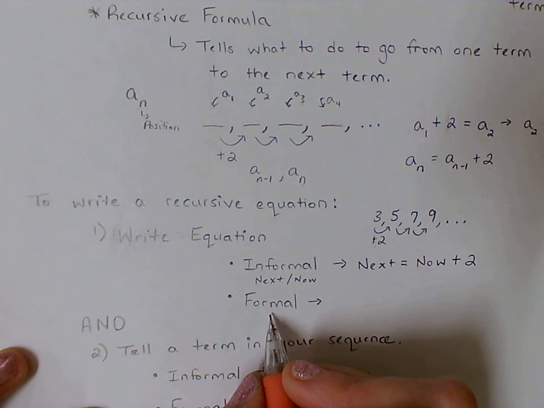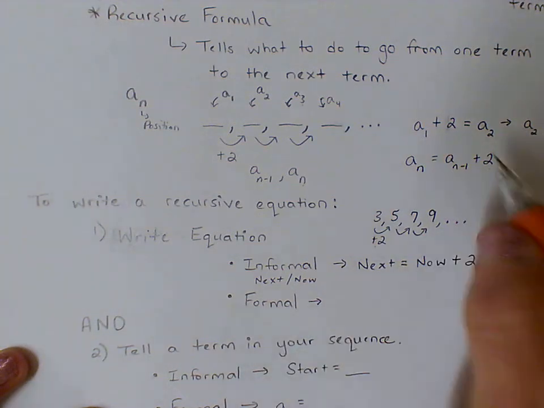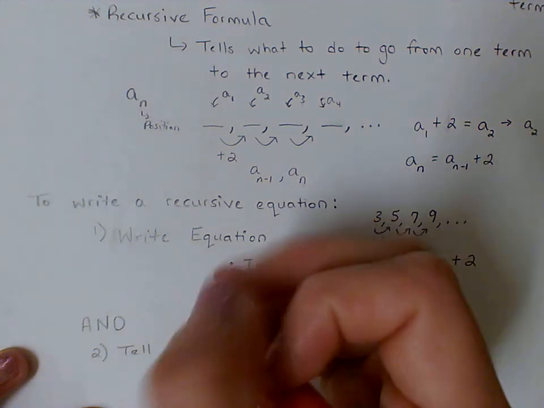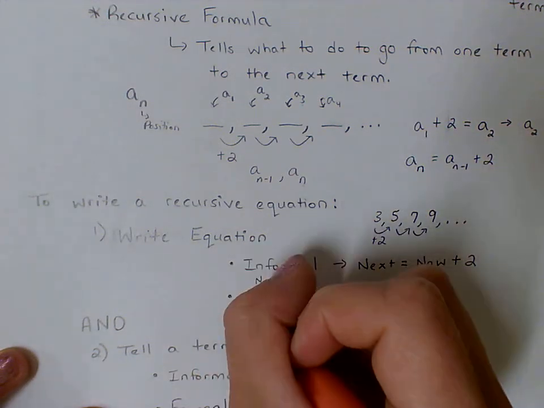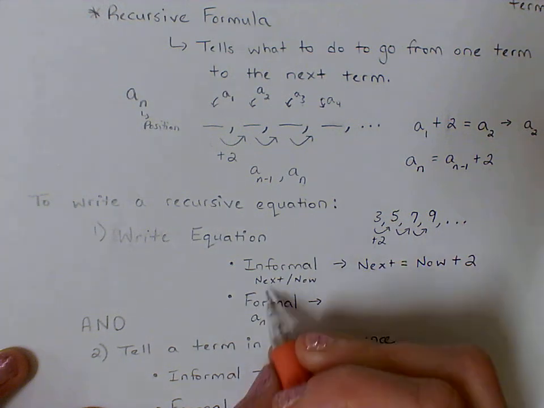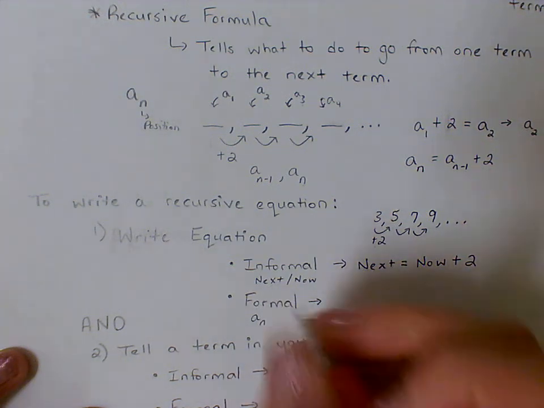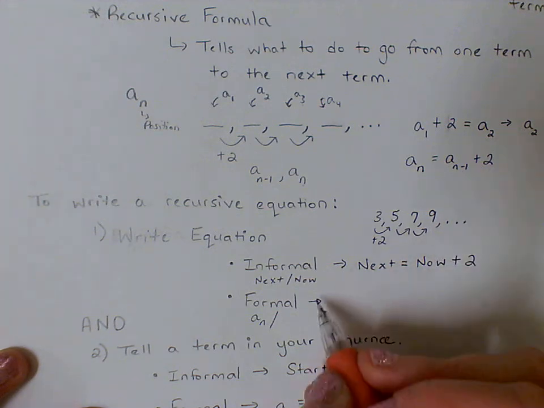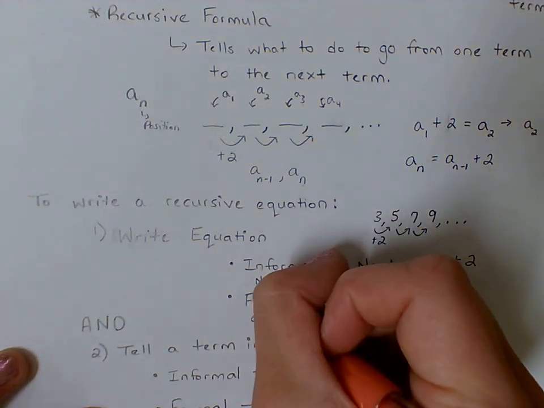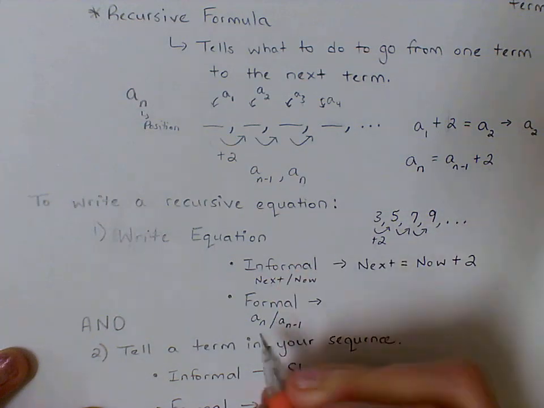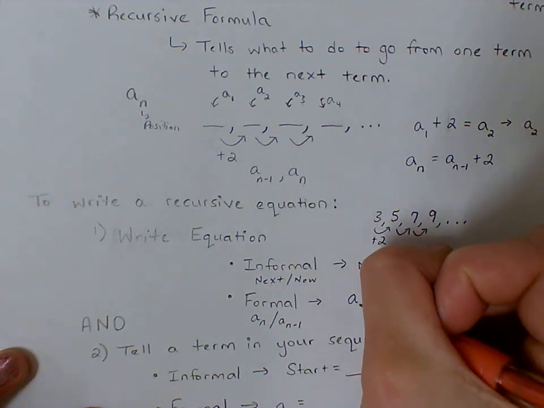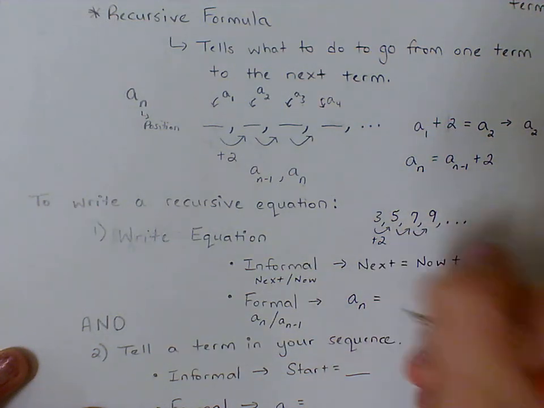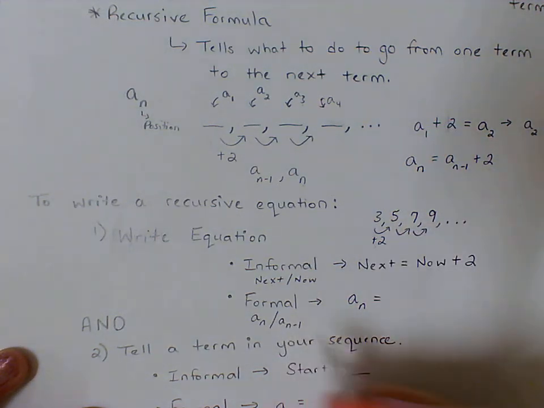If I wanted to write it in a formal way, that's where you're going to use the a sub n and the a sub n minus 1. The a sub n would be the same thing as your next term in this case, okay? And the a sub n minus 1 would be what your now term is, okay? So to find a general term in your sequence, you have to take the term right before it.